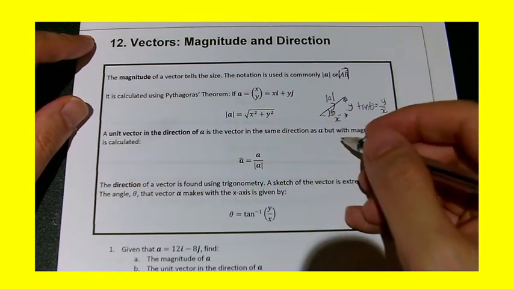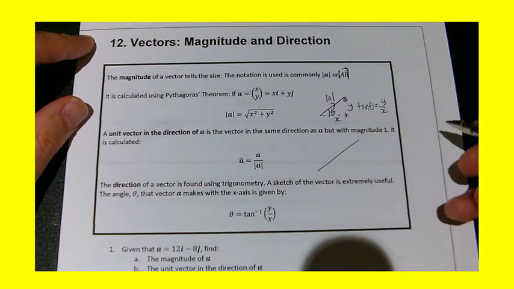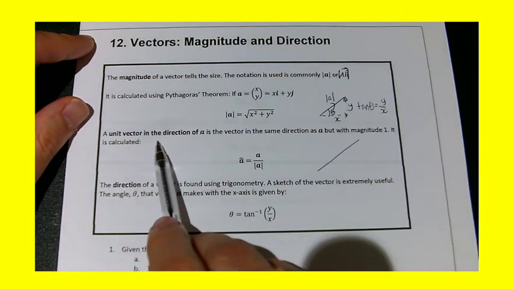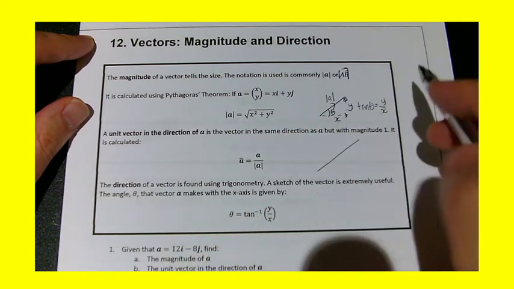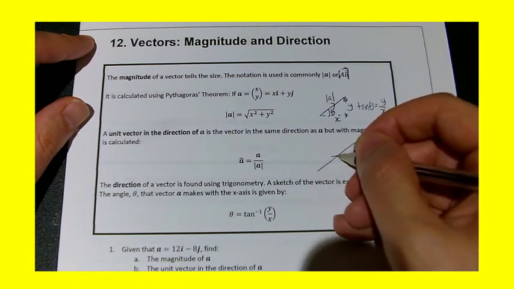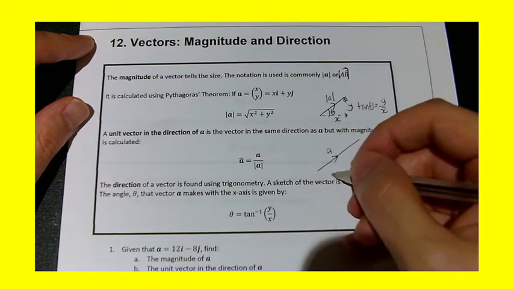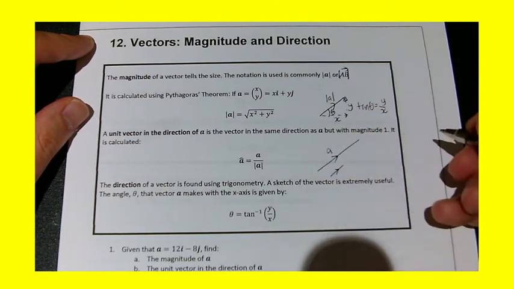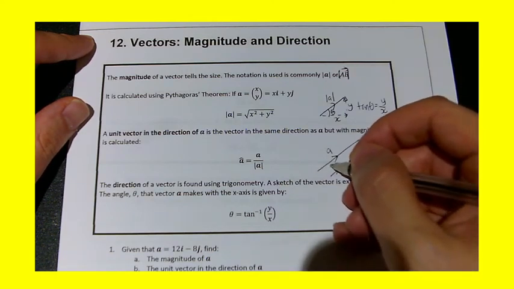Now, unit vector is not a big part of the course, but essentially a unit vector in the direction of a is the vector in the same direction as the vector a, but with a magnitude of 1. So if you've got a vector a going in a particular direction, then the unit vector is literally a vector going in the same direction, but with a magnitude of 1.